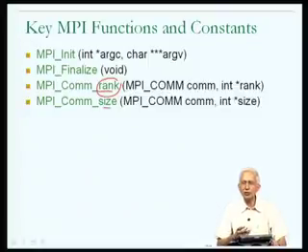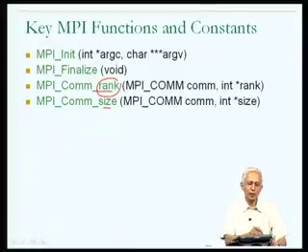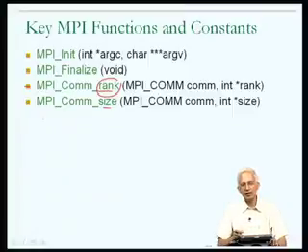There are functions to determine the MPI rank of a particular process, and the process can find out its own rank by calling the MPI function MPI_Comm_rank. I'll mention a little bit more about this later. Similarly, by calling the function MPI_Comm_size, any given process of the MPI program can determine how many processes there are in this particular MPI program, or how many processes this program is running as.